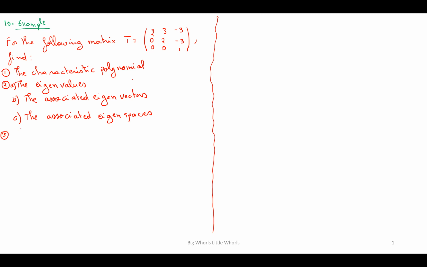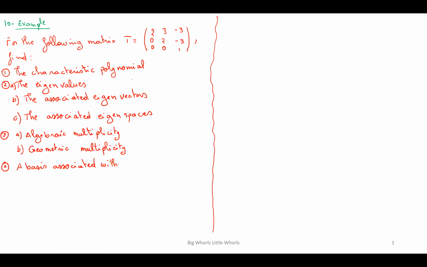Part 3 of this tutorial, we will be asked to find 3a, the algebraic multiplicity, and b, the geometric multiplicity, and part 4 of the tutorial, we will be asked to find a basis associated with the eigenvalues.